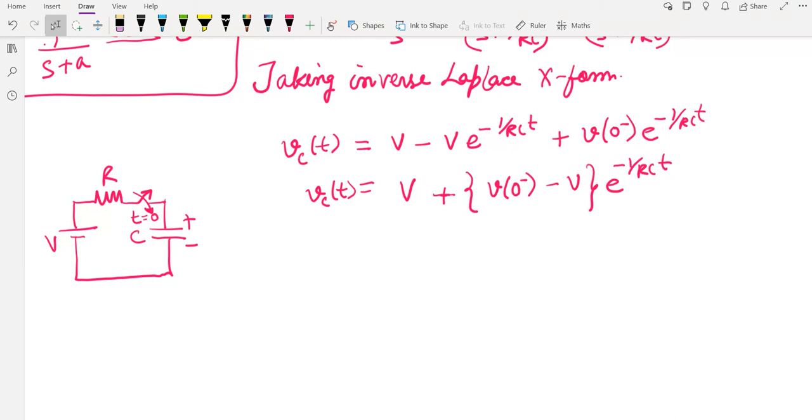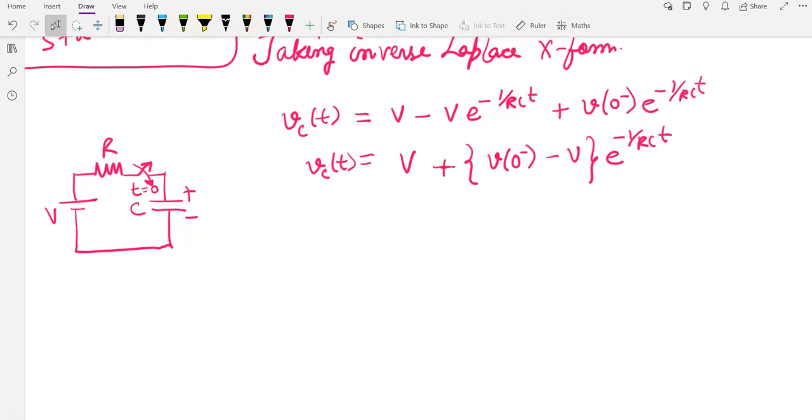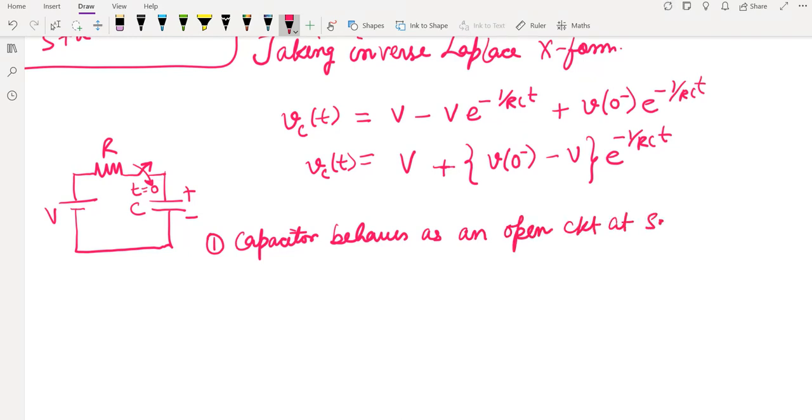So we can conclude from this whole thing that, point number 1, a capacitor behaves as an open circuit at steady state, and a capacitor behaves as a short circuit at the switching, that is, the initial state.